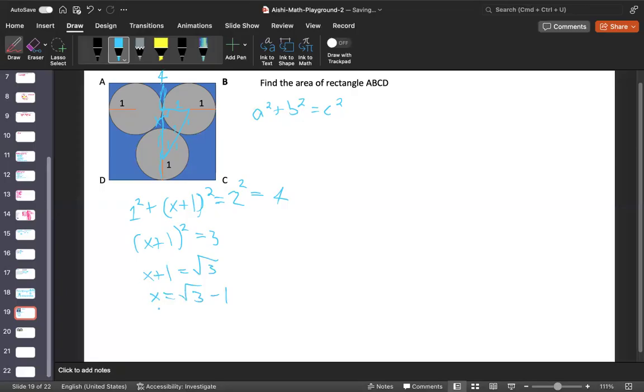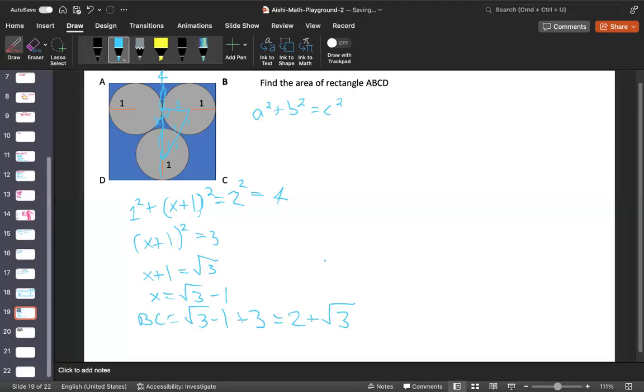So we need to find BC. BC is equal to square root of 3 minus 1 plus 3. So we end up with 2 plus square root of 3.